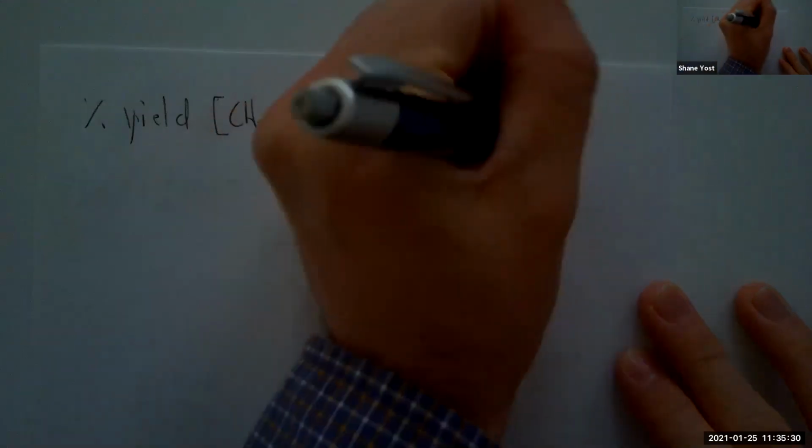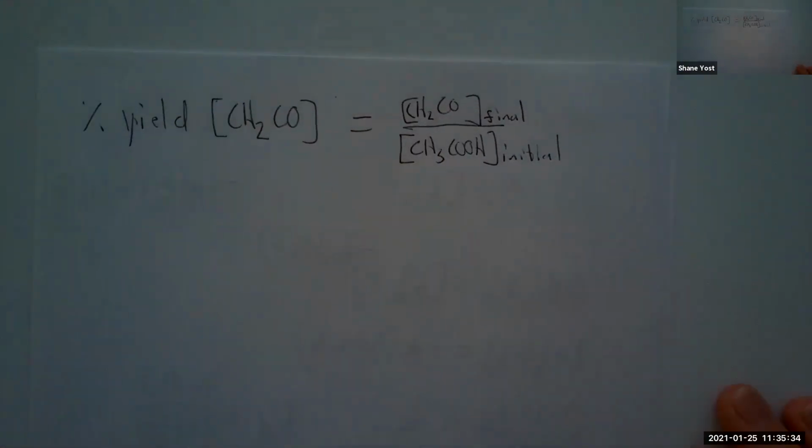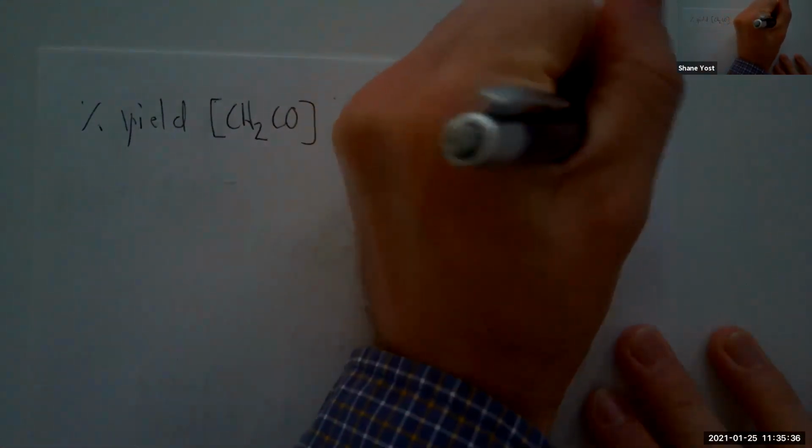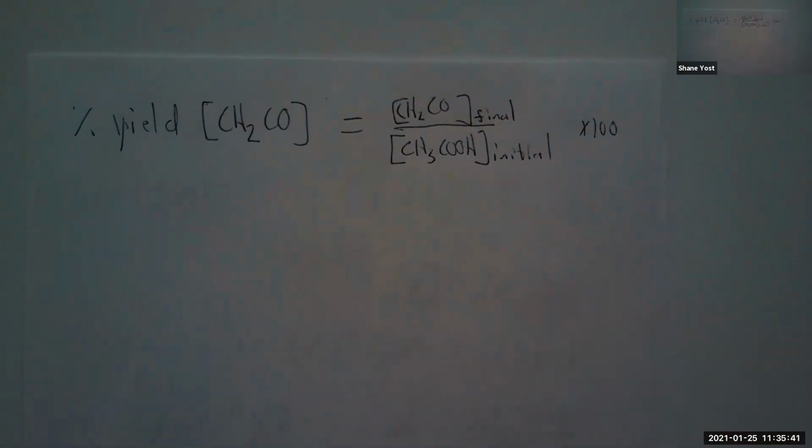That's the initial concentration of CH3COOH, and then you'd multiply by 100 if you want a percentage. But given some initial concentration of acetic acid, what percent of that acetic acid decays into CH2CO? That's what we're asking for in terms of that percent yield.